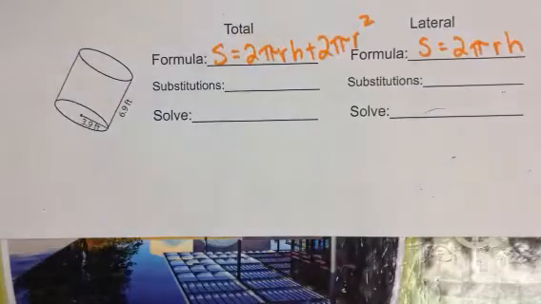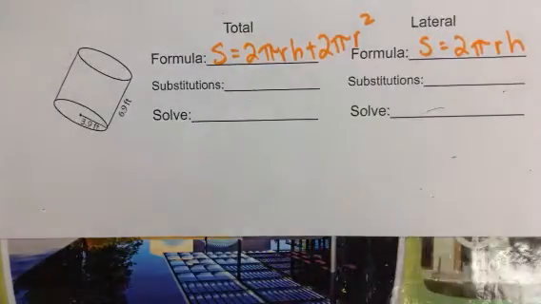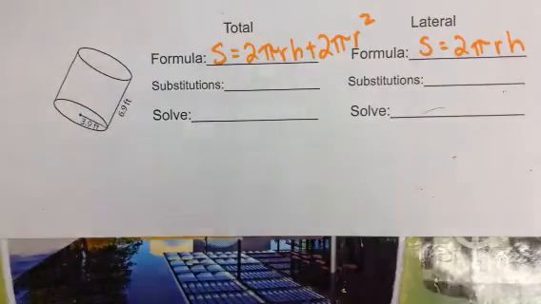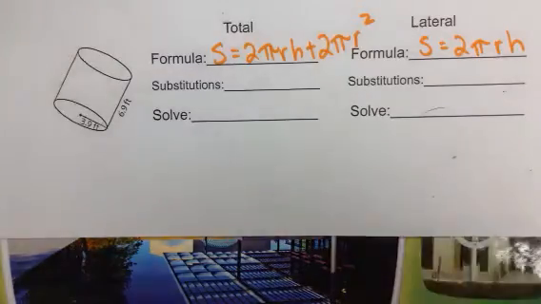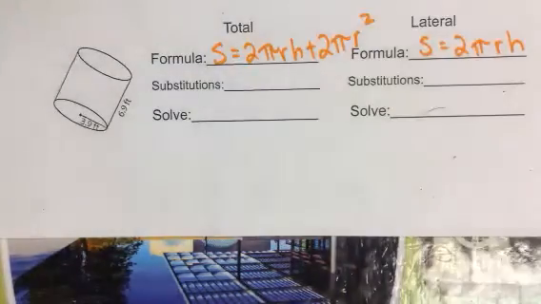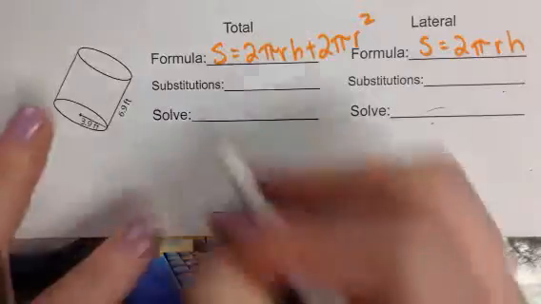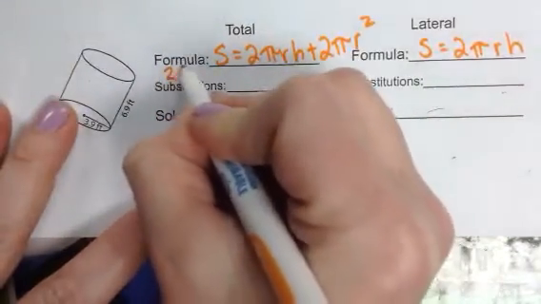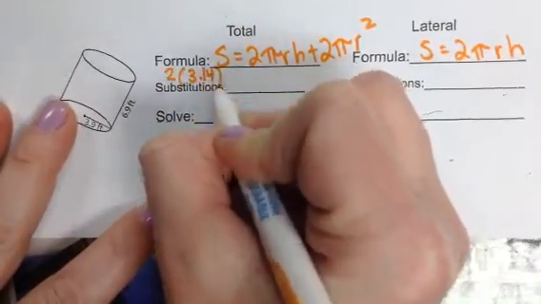Okay, so first step, you make sure that you copy the formula from your chart correctly, okay? Because that's a given, you don't want to mess that part up. Second step, start filling in the numbers. So it's going to start with 2 times 3.14.